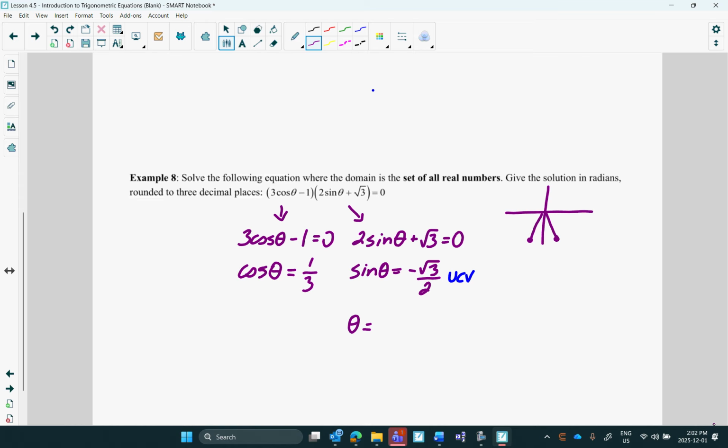Which one is this? 5 pi over 3. That's actually this one. This one's 5 pi over 3, which means this one would be less than that. 3 pi over 3 is the same as pi, which it's not. Okay?